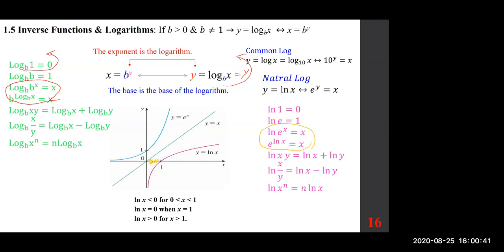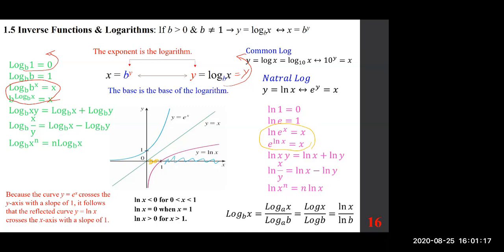At 1 it is 0, and then when x is larger than 1, so that means if we are here, then the graph is above the x-axis and ln becomes positive. All right. We discussed that y equals e to the power of x crosses the y-axis with a slope of 1. The same thing happens with ln x. You don't have to worry about that. That's a calculus part we discussed.